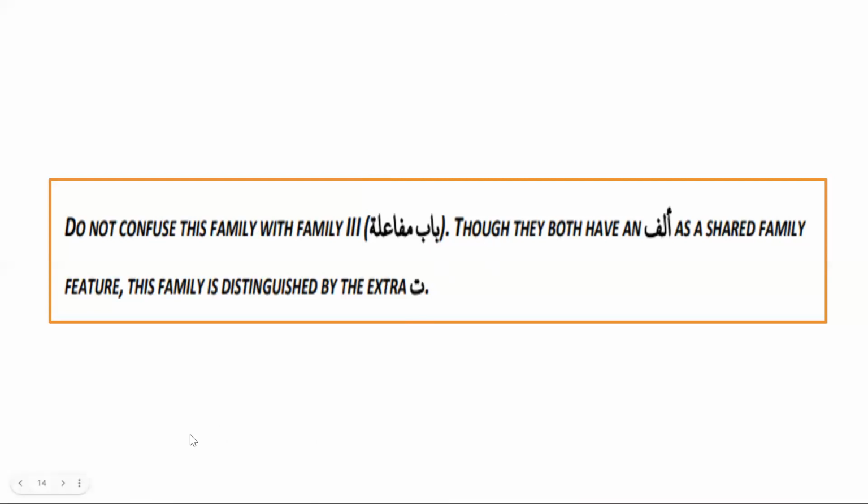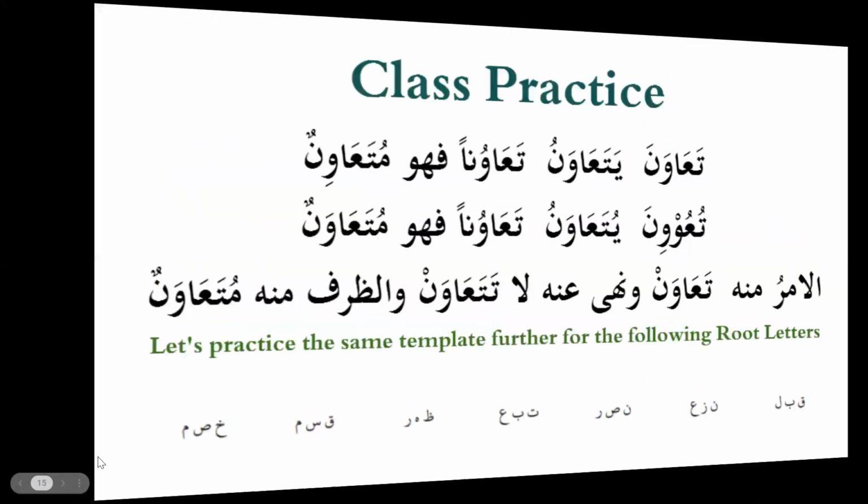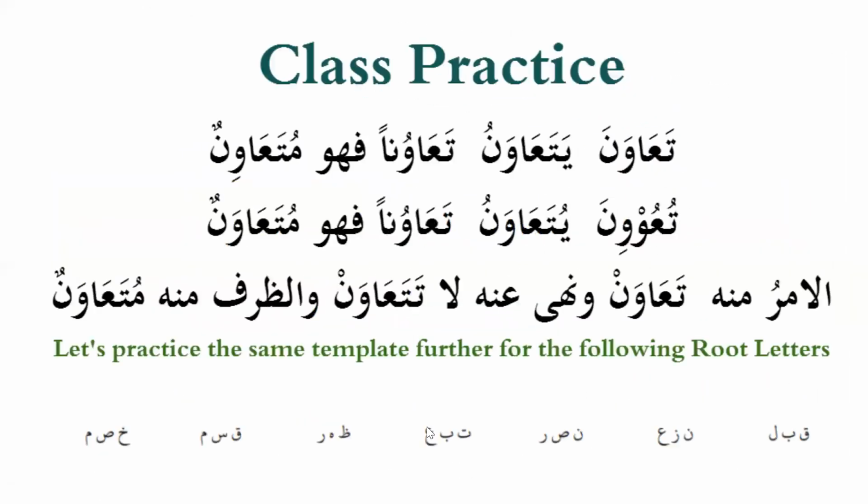So that's about family 6, which is bab tafa'ul, and this is the pattern we just learned. We are going to use the same pattern and practice with other root letters.